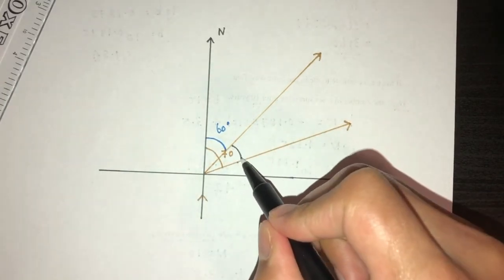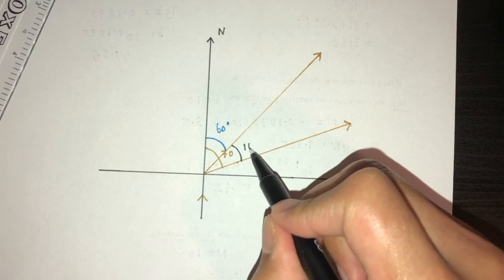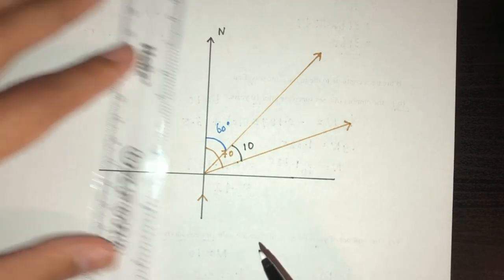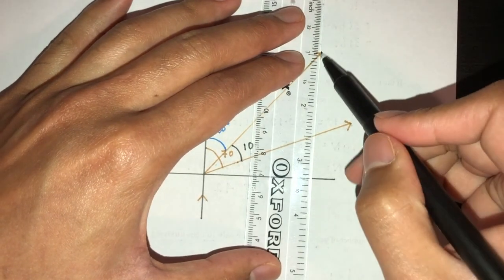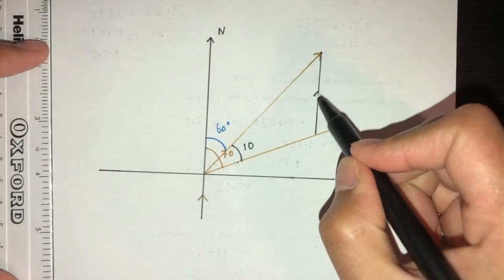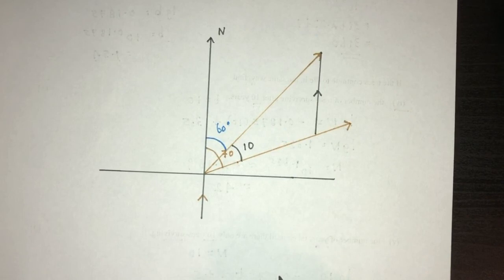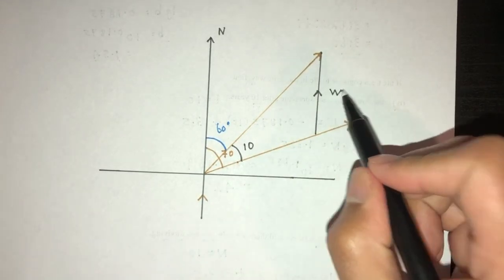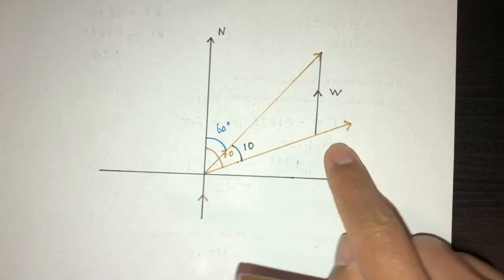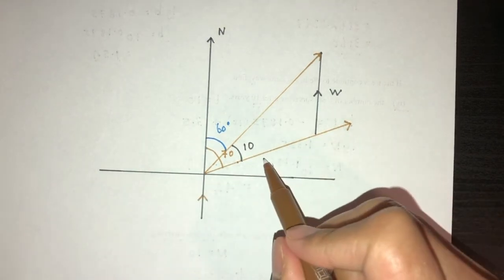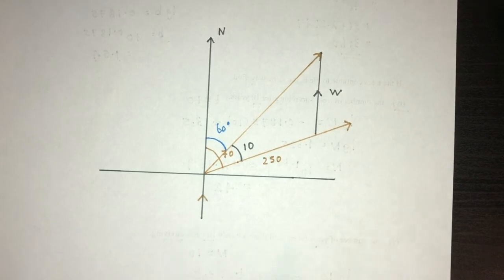That will be 70 minus 60, that will be 10. And you know that the wind is blowing in this direction, so you can just connect these two. For example, blowing in this direction, that's the wind speed W. So we know that this speed here is what is given to you as 250. It is the speed in still air.